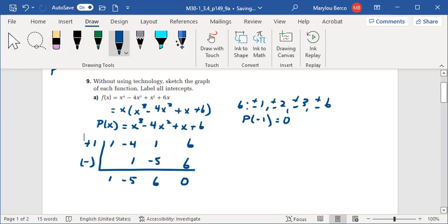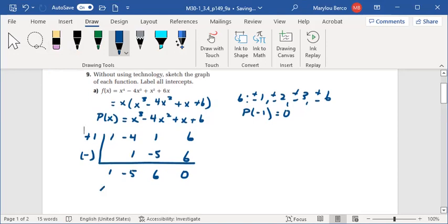So using the remaining factor of x squared minus 5x plus 6, this can be factored into x minus 2, x minus 3.